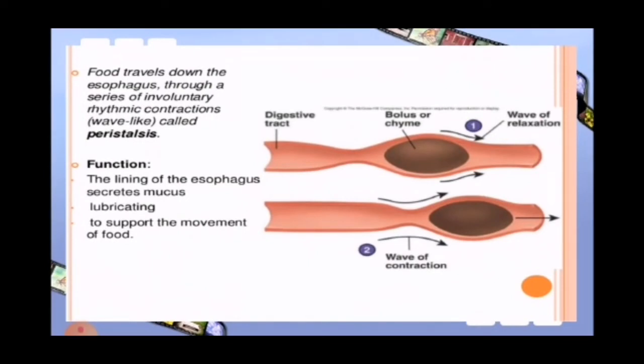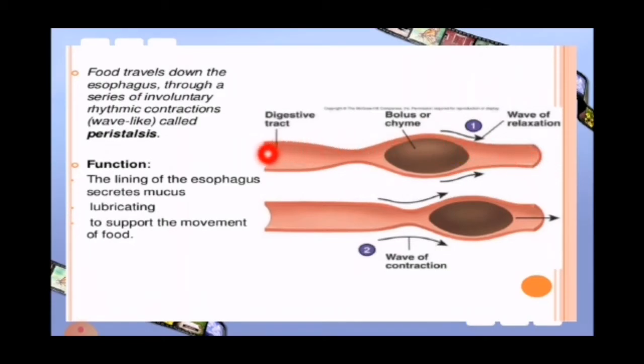Now, food travels down the esophagus through a series of involuntary rhythmic contractions called peristalsis. First of all, just look here. This is the tube, and there is a bolus or chyme. The food which is ground in the mouth and then pushed back is known as a bolus. Now what happens here? There is a wave of contraction and relaxation in this tube.